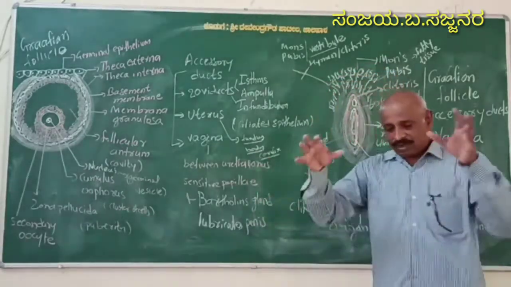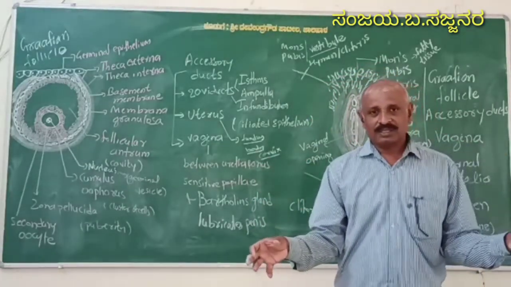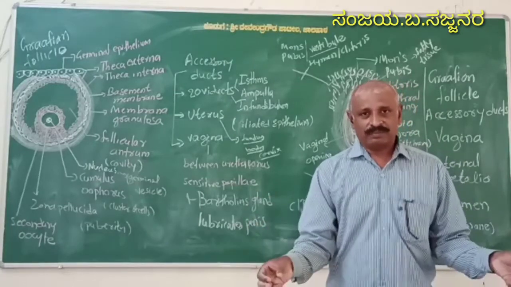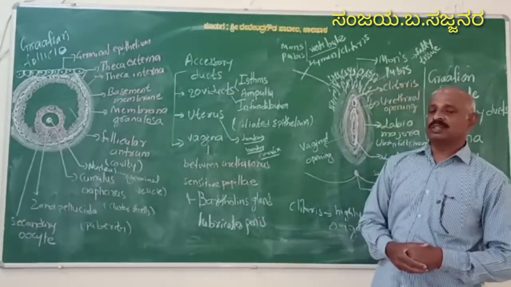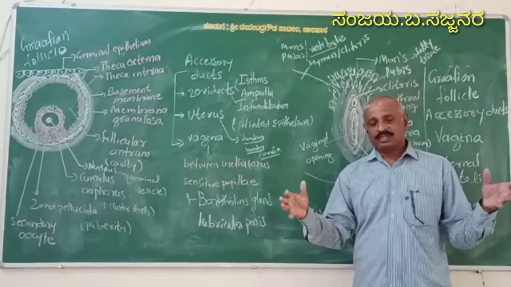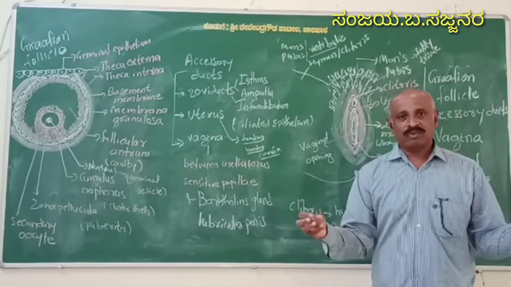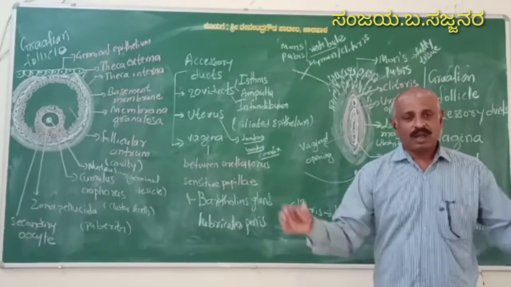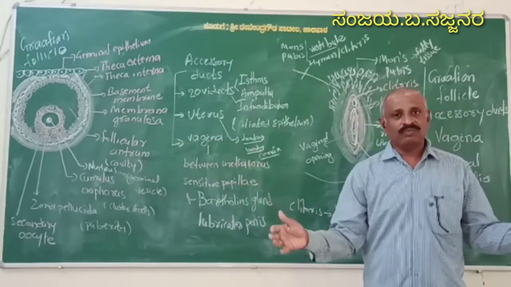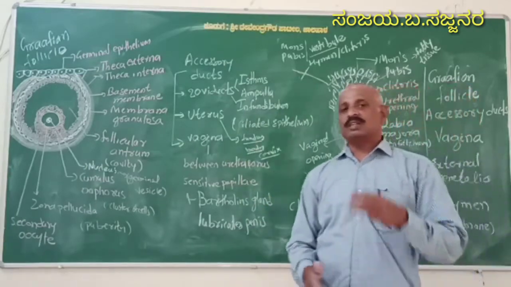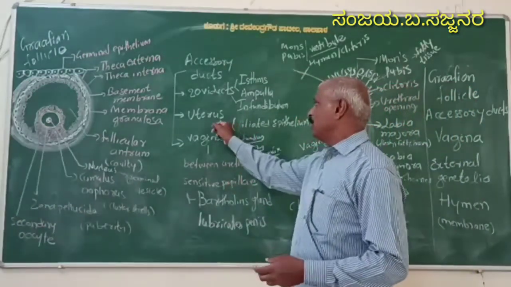The body is covered by the endometrium layer, then the muscular one, the myometrium, and the outer thin one, the perimetrium. These are the three layers found in the uterus.